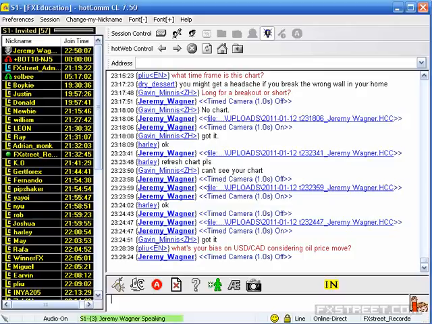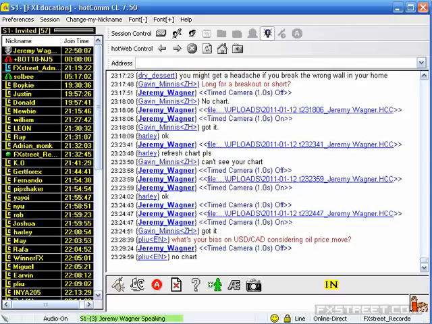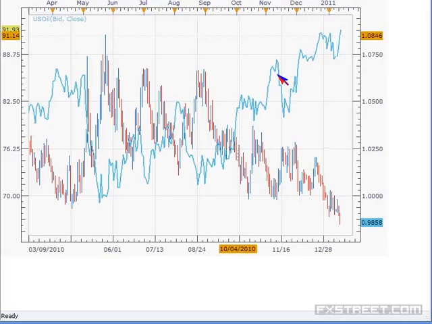All right, so here's our price of oil. Let me start off with the dollar CAD here. Let's look at a daily chart. And then I'm going to overlay the price of oil on top of this. And let's zoom this out.